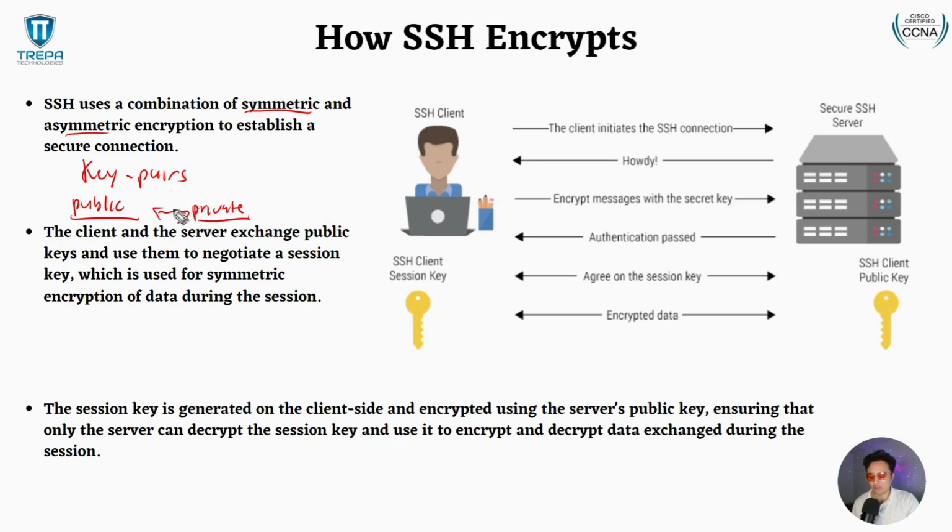Asymmetric encryption allows a sender to grab the public key to encrypt data being sent, and then the recipient uses its private key.